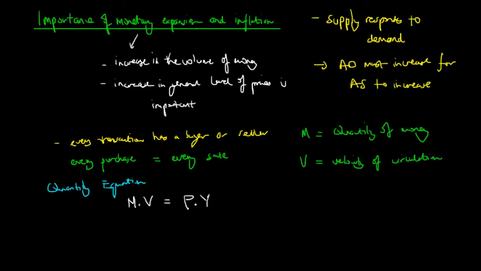So for the velocity of circulation, we can use a simple mathematical example to figure it out. So let's say in the economy we have $100, and we only have $100 in this economy. We have person A who owns this $100.